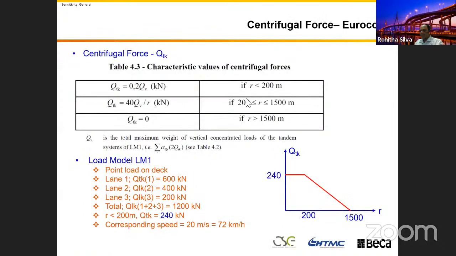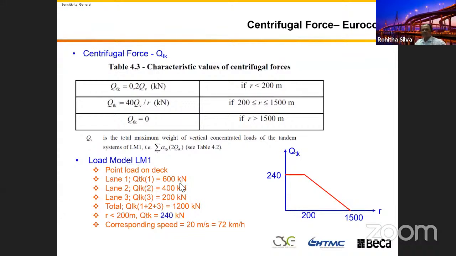Okay. Then centrifugal force. The Eurocode is very straightforward, it's very easy. If the radius is less than 200, they say use 20% of the tandem weight.